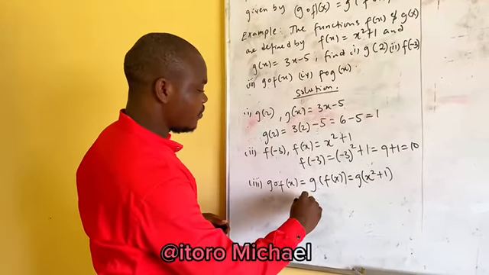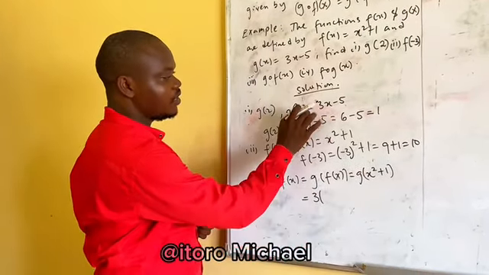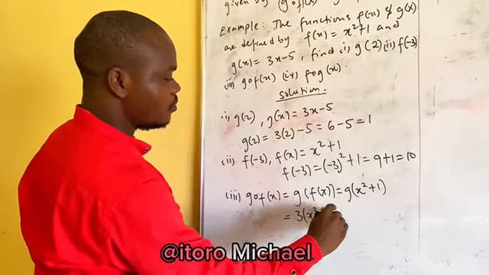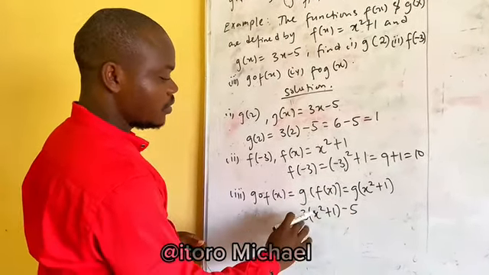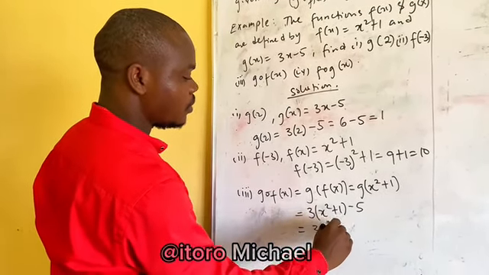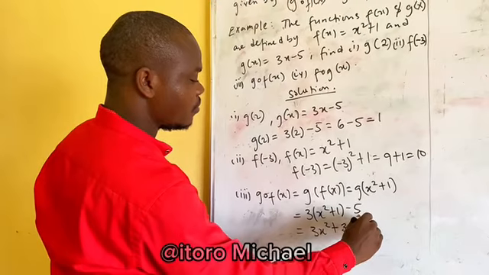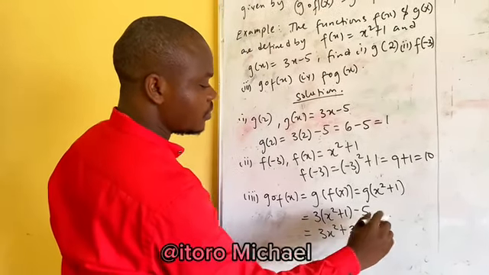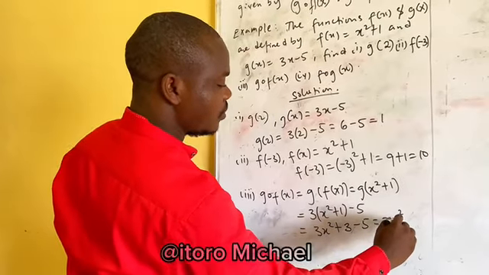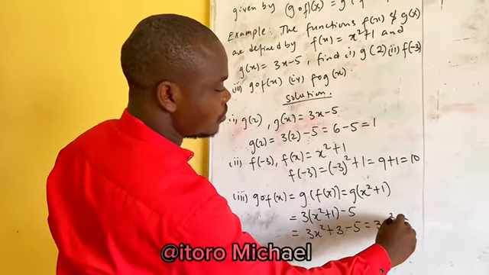So we have 3 into x squared plus 1, minus 5. 3 times x squared is 3x squared, plus 3 times 1 is 3, minus 5. Now you have 3x squared, and 3 minus 5 is minus 2.